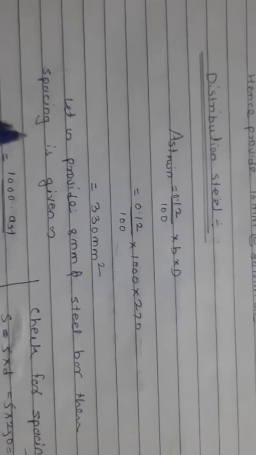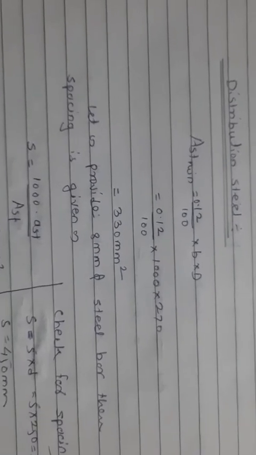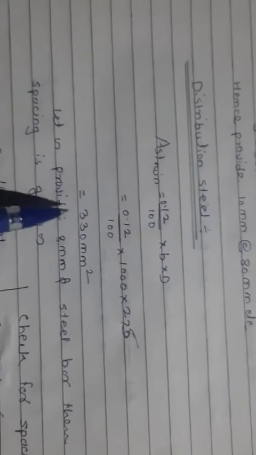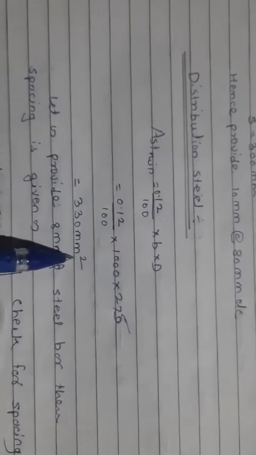Then we go for the distribution steel. The AST minimum is 0.12% of the gross area of the concrete. So 0.12 into B, which is 1000, and D, which is 275 mm, the overall depth of the slab. After simplifying, we get 330 millimeter square.